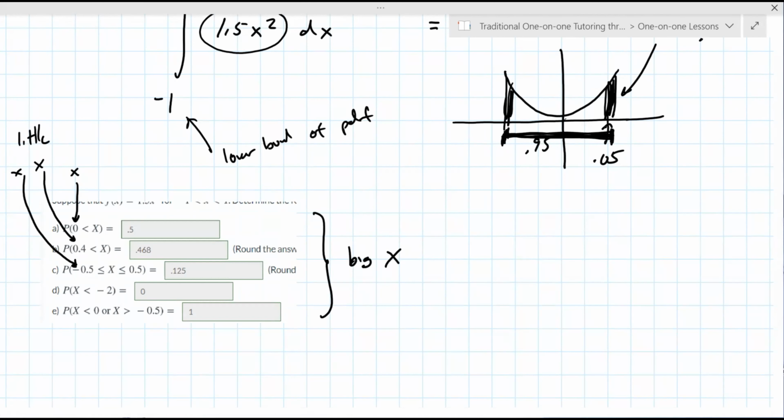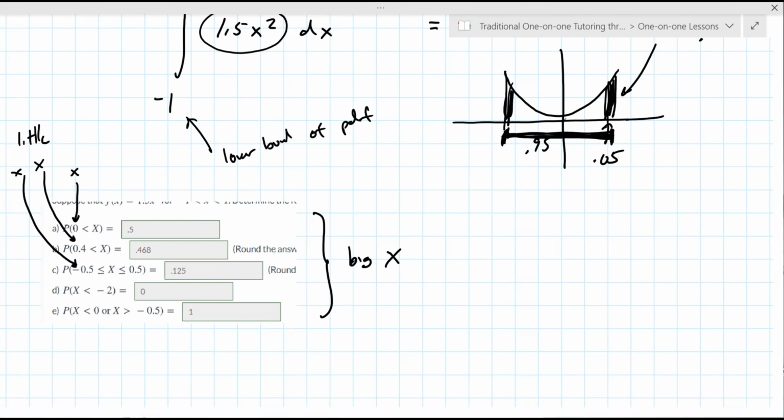Okay. And then you're saying the little x is the actual place in the interval. Yes. And you see that here, like it says x greater than 0. That's little x. Little x is the 0 because you want everything to the right of 0. And then that big X, in this case, seems like it would never have an actual value since it's continuous.